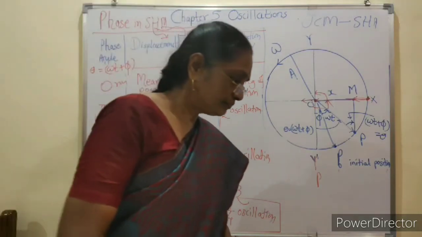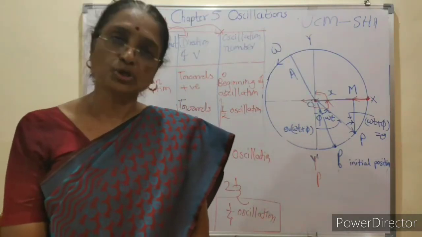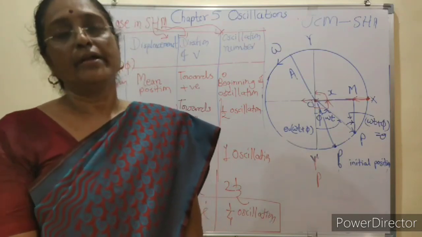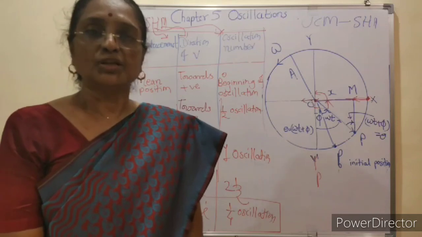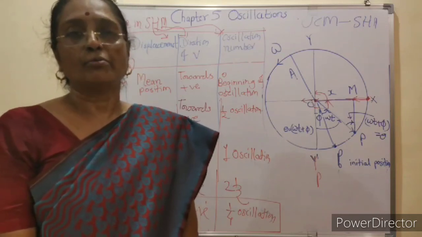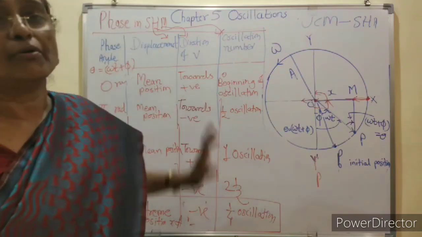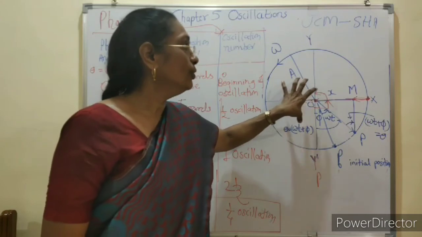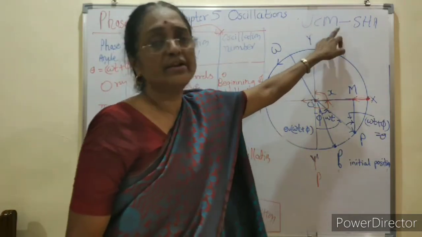This is about various terms which are related to simple harmonic motion. But all these terms we have explained by considering the general expression for displacement of a particle performing SHM. And for phase of SHM, we must know the relation between SHM and UCM.